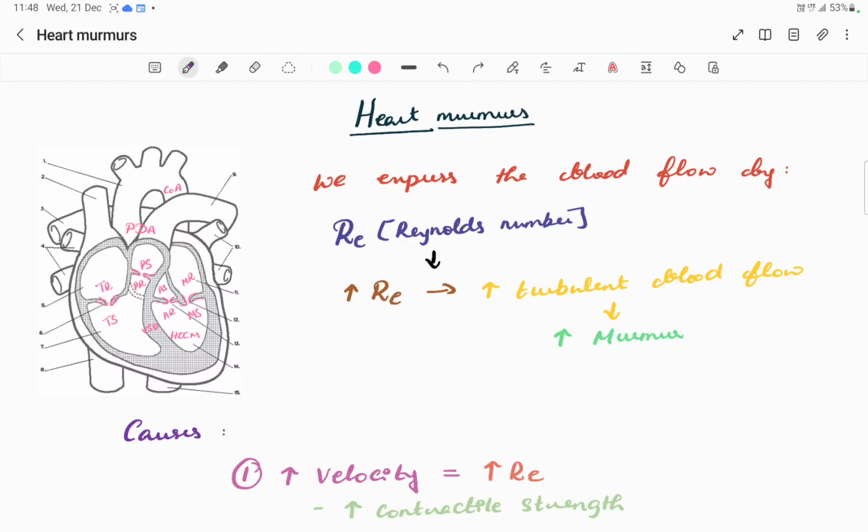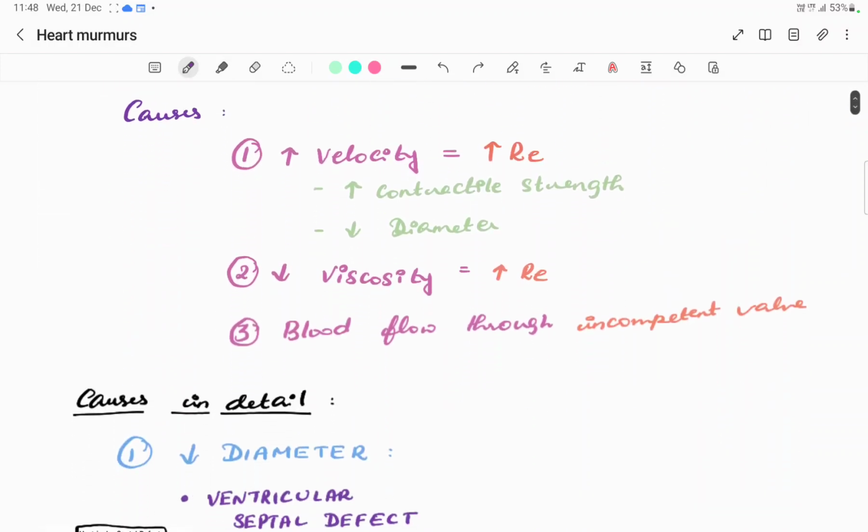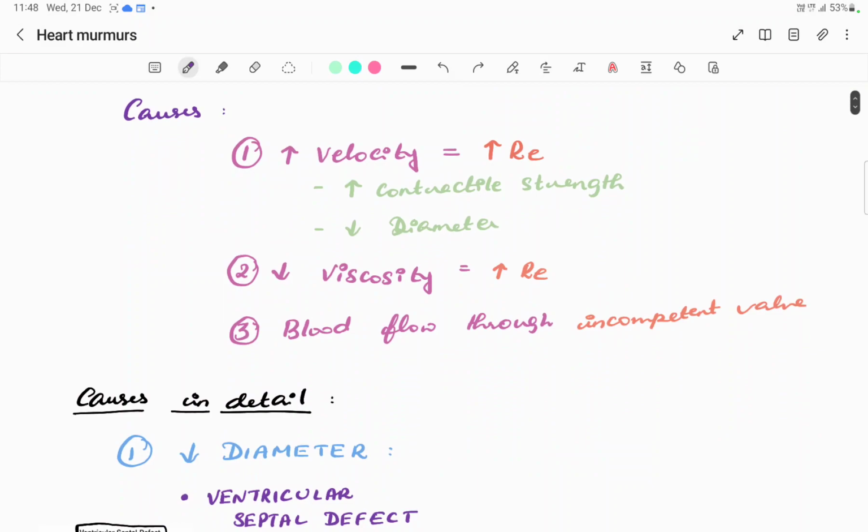So, heart murmurs, we normally express the blood flow by something known as the Reynolds number. An increase in the Reynolds number means that there's an increased turbulent blood flow, and increased turbulent blood flow normally leads to an increased intensity of the murmur. So what are the causes of heart murmurs?